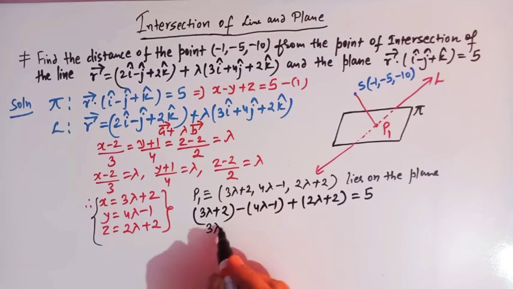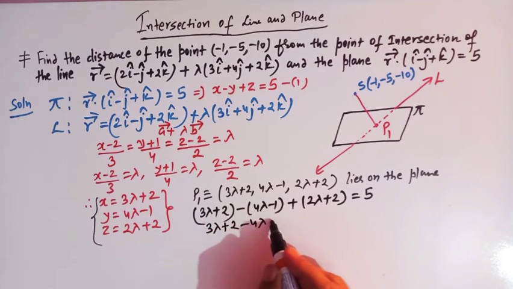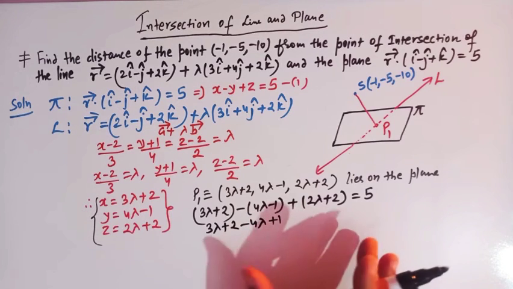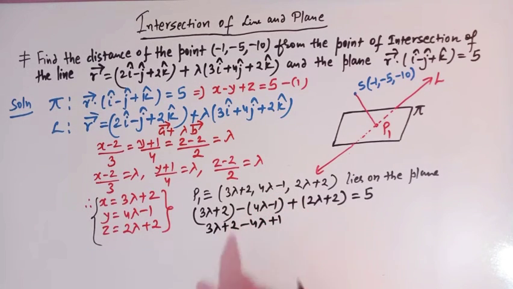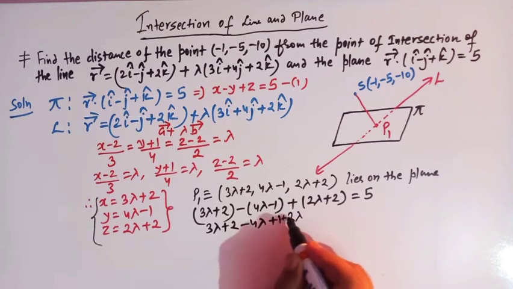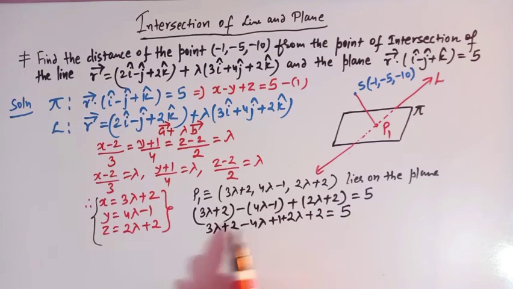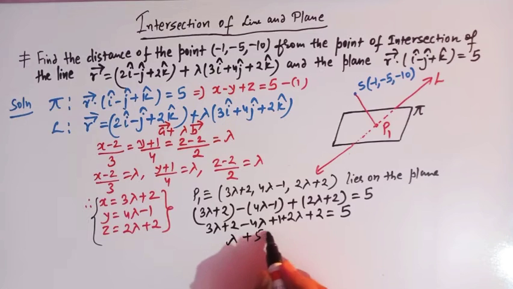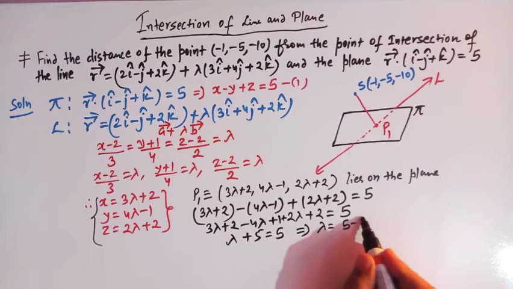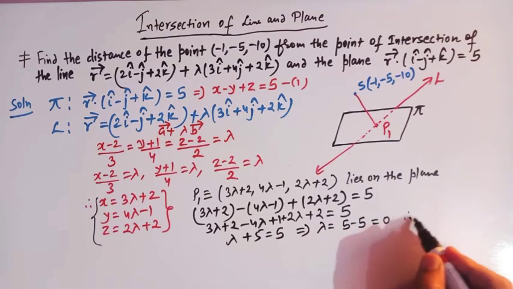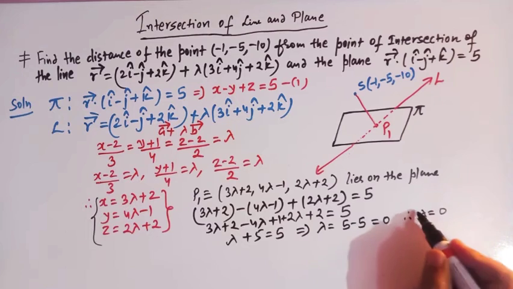Now this equation in lambda can be solved, and this is a linear equation in lambda. This is lambda plus 2 is equal to 5. So this is 3 minus 4 plus 2 lambda, that is lambda, and 2 plus 2 minus 1 is 3, and from this equation we see that lambda is equal to 0. So the value of lambda is 0.